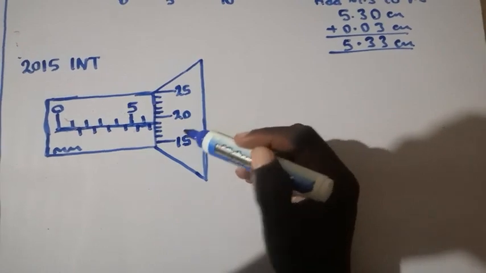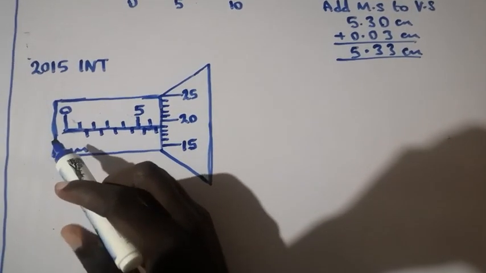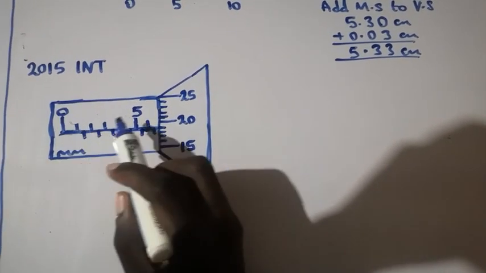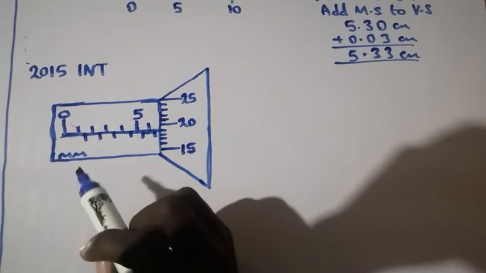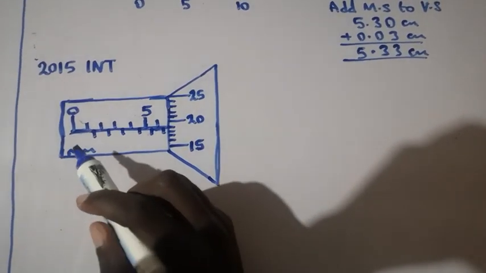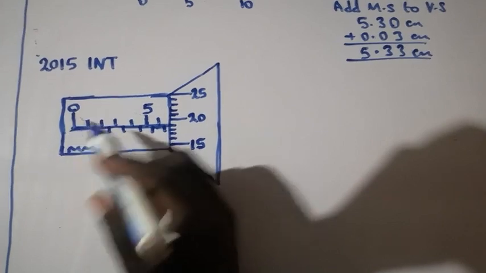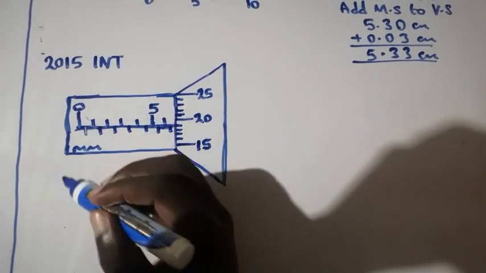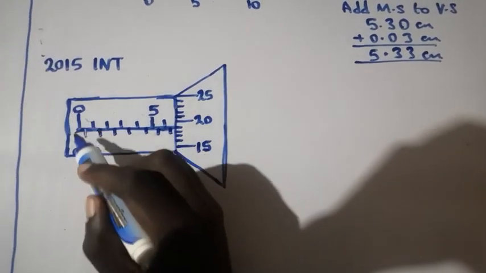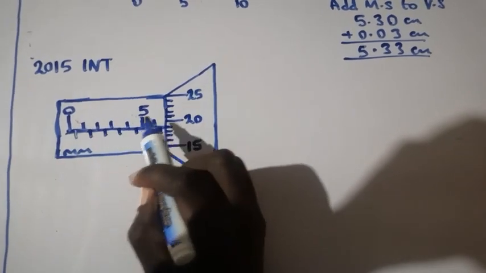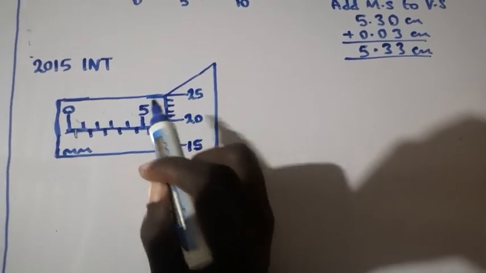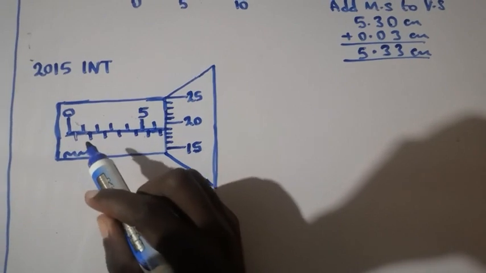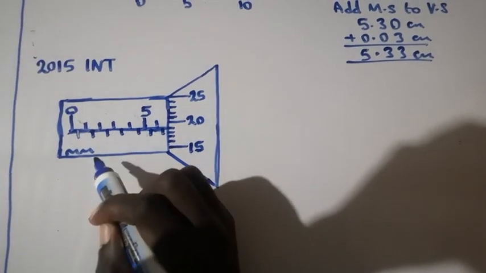Okay, how do we count the main scale? We have numbers from 0 to 5, where from 0, the divisions on top represent 1. So each division represents 1.